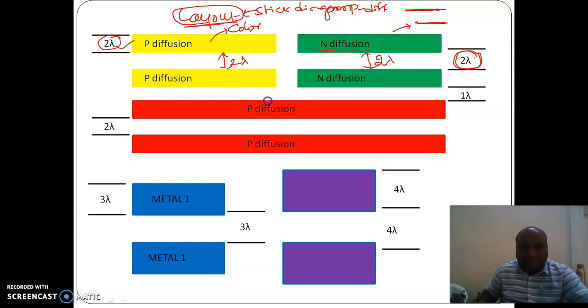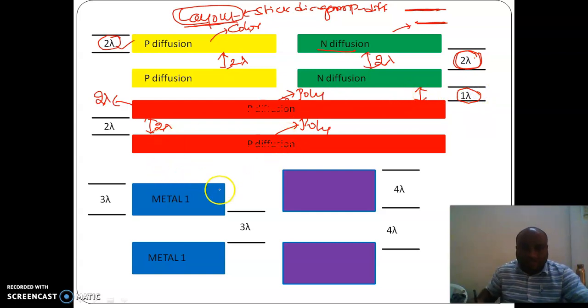Here it is wrongly marked; in place of P diffusion, this should be polysilicon. Red is the color code for poly. Polysilicon has a similar width of 2 lambda, and the separation between polysilicon and polysilicon is 2 lambda. The separation between a polysilicon and any diffusion, whether P diffusion or N diffusion, is 1 lambda.